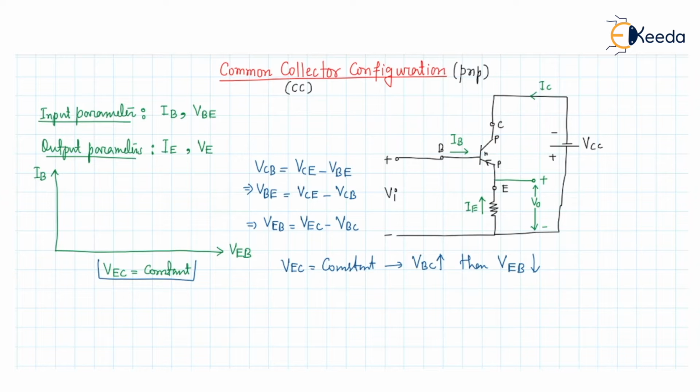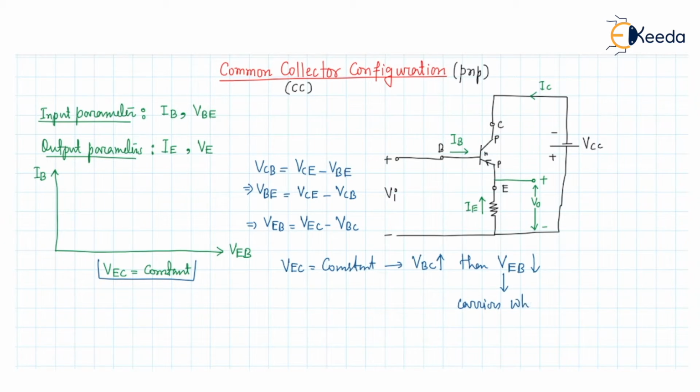Due to this, the carriers flowing from the emitter to the base will be reduced because the emitter-base potential is decreased.